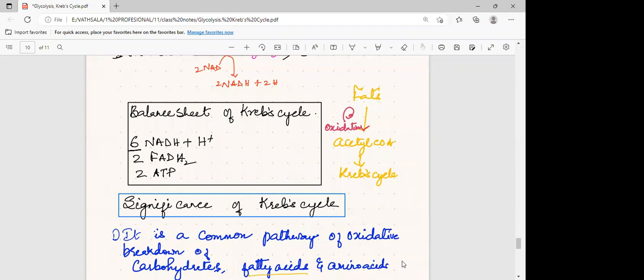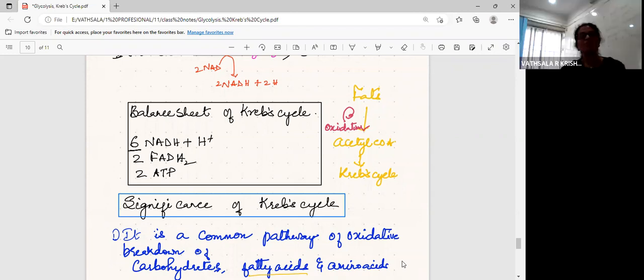There are two molecules, after cleavage. Fructose 1,6-biphosphate is cleaved into triose phosphate. Hexose is cleaved into triose, so every time we are getting 2 and hence we are writing 2. So that's the first oxidation.